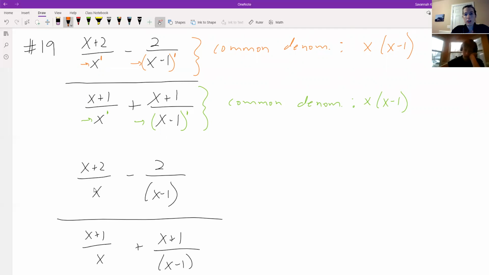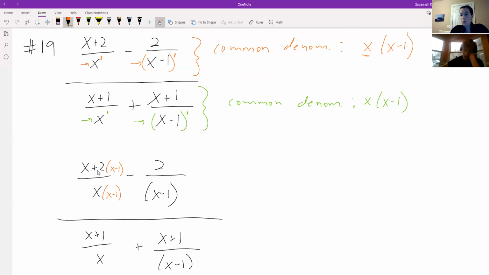The first fraction has the x part that it needs, but it does not have the x minus 1 part. So I am going to put in x minus 1 on the bottom where I need it, and then balance by a corresponding x minus 1 up top. And as I do that, I see an x minus 1 next to an x plus 2.